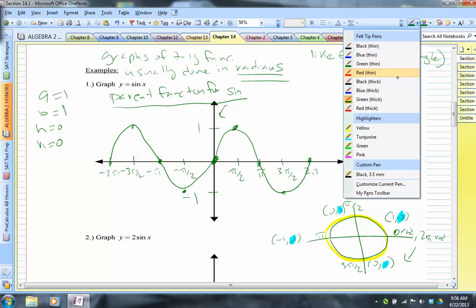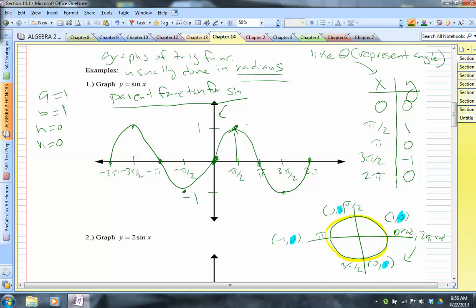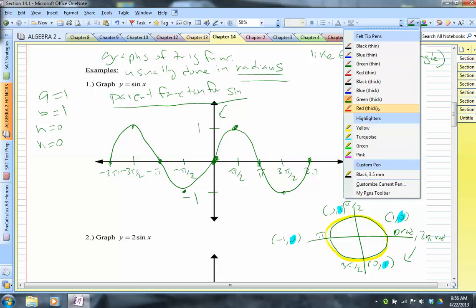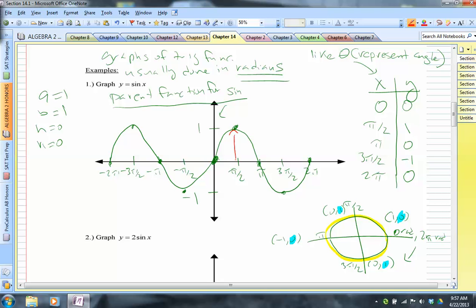And because a stands for the amplitude, what it really represents, in a way, is kind of like the height of the graph. So basically, it's from middle to peak. That's what we consider to be the amplitude.